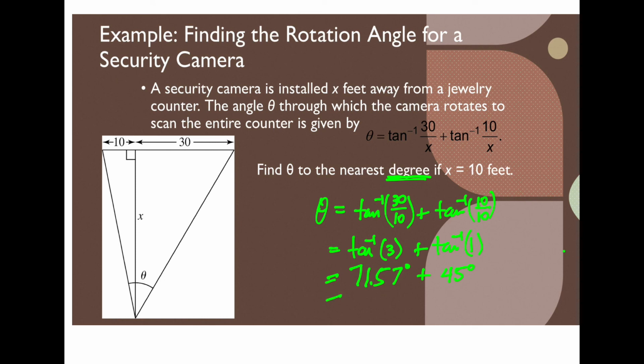And then adding these two together, that's 45 plus 71.57, which gives me 116.57 degrees, or rounding to the nearest degree, 117 degrees.